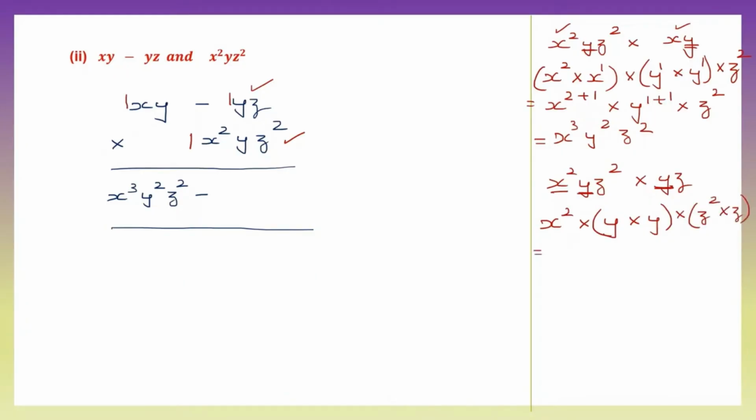So this becomes x square, y to the power of 1 plus 1, z to the power of 2 plus 1. That becomes x square y square z cube. So this is my final answer.